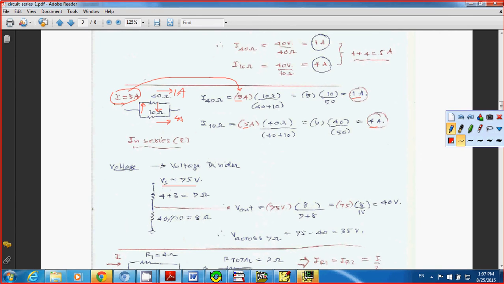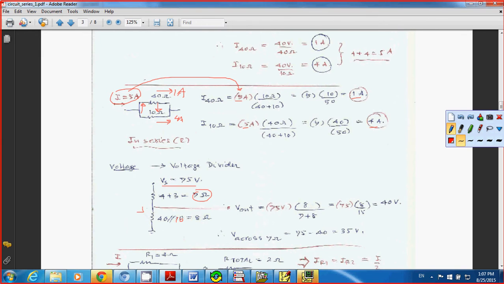If you have the source voltage to be 75 volt and you have a 7 ohm resistor in series with two resistors which are in parallel, 40 ohms and 10 ohms, our total is equal to 8 ohm.